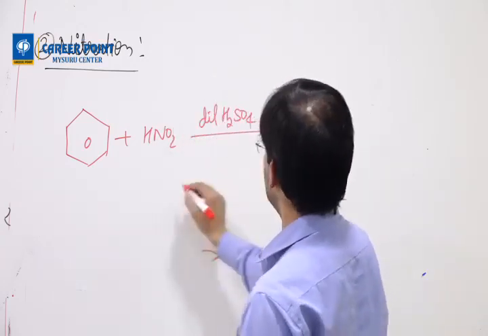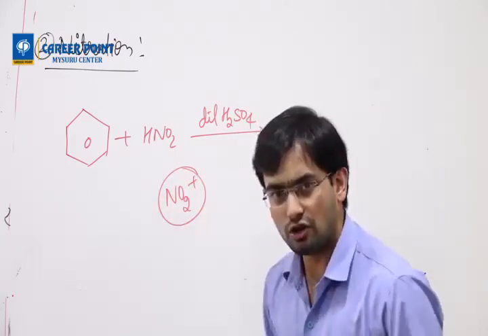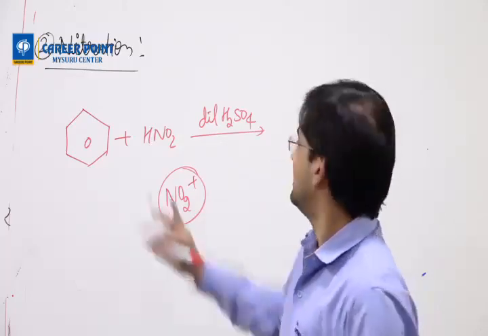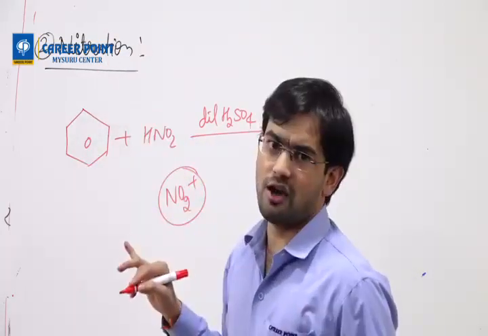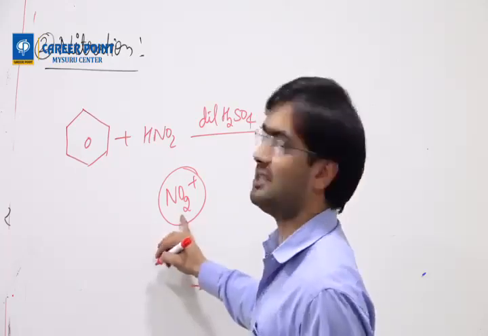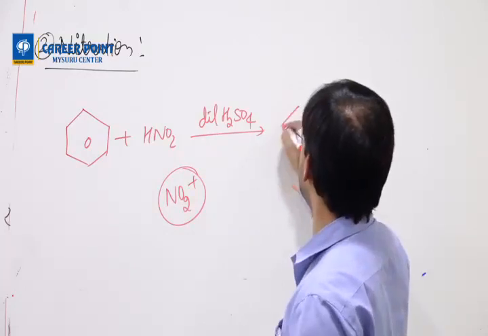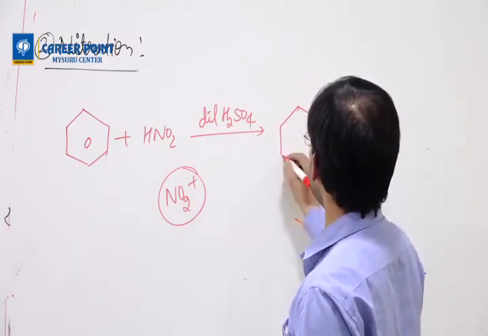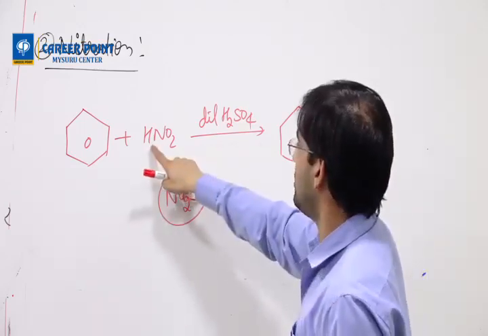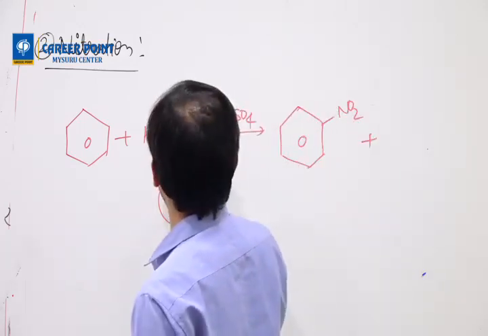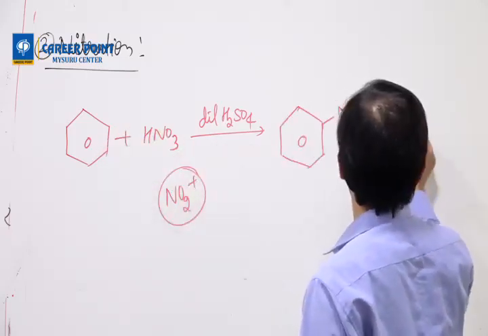Here we get electrophile as NO2 plus. So you need to memorize the electrophile only. Once this reaction is given, this is a nitration reaction. How do I write the product? You memorize NO2 plus is the electrophile. Then take this NO2, put it on the benzene ring. And it will release HNO3. Take HNO3, not HNO2. So OH is there, when H is there, it will release water.